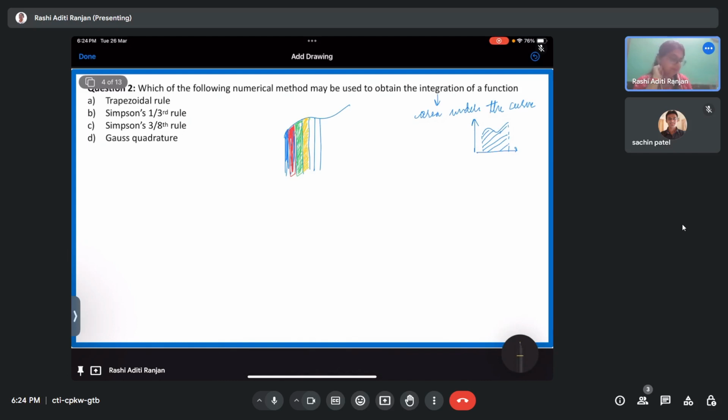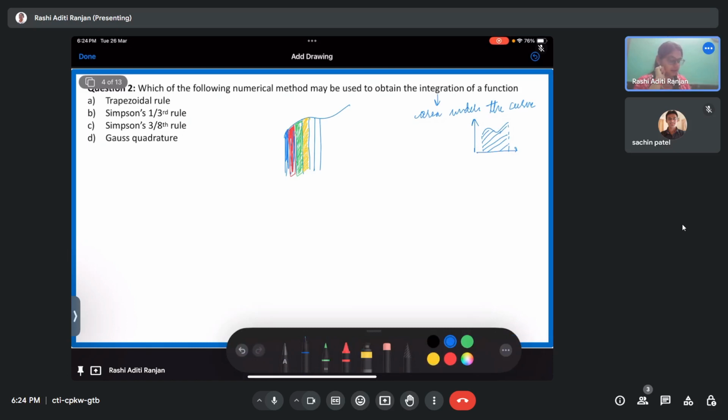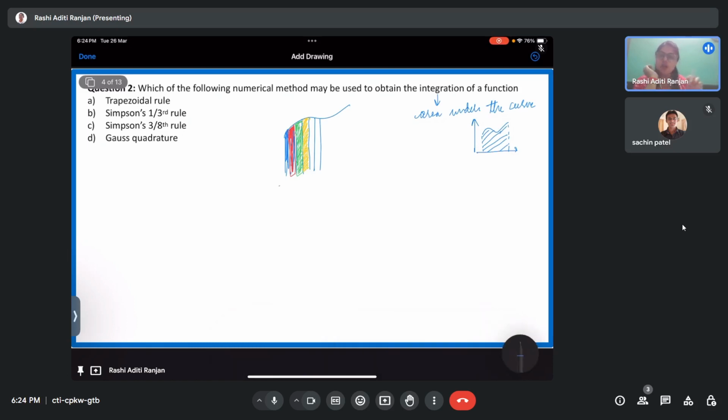So what is essentially happening? If I take the integrations of separate small areas and sum them, the sum of all the small parts of the curve is equal to the total area, which gives me the integration. Correct? This is the basic concept which we use in order to find the numerical integration.